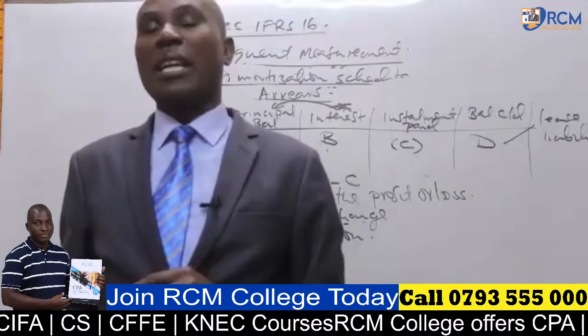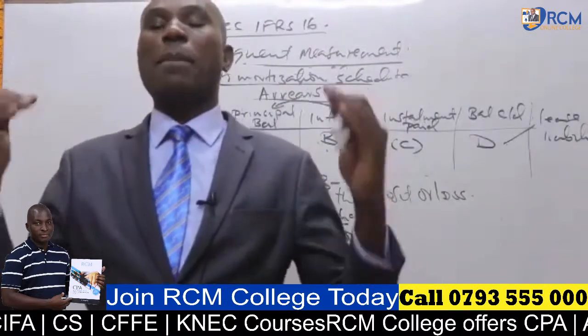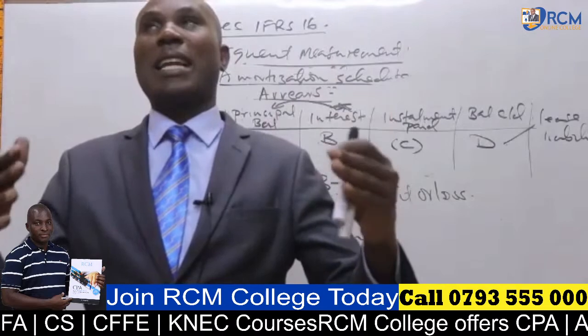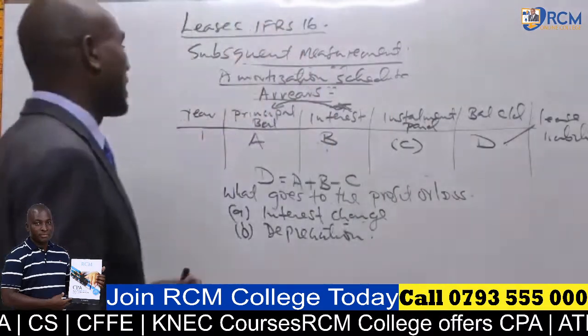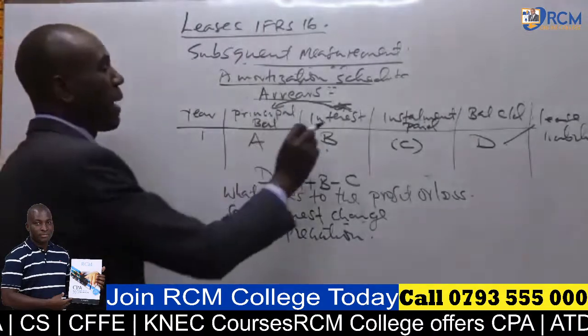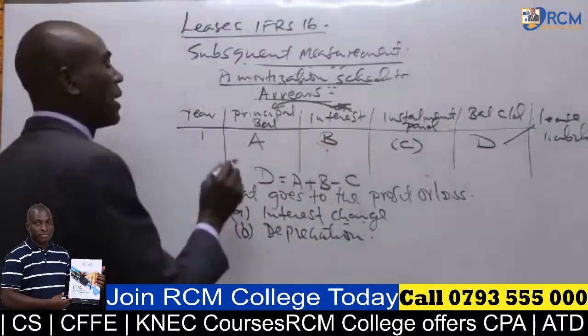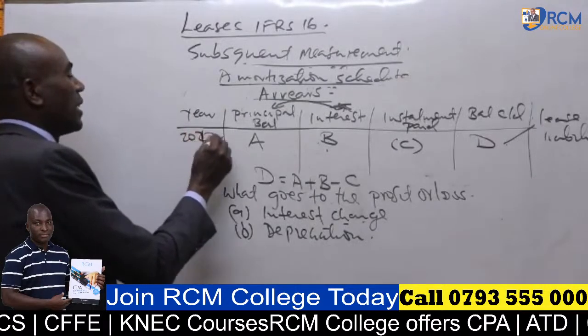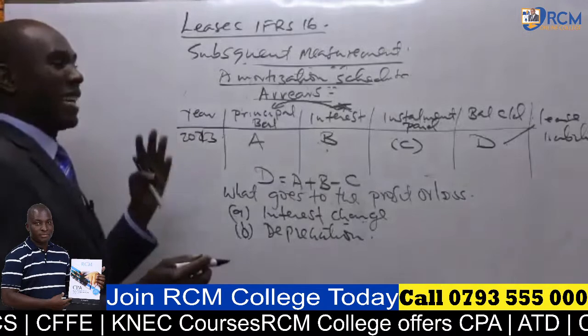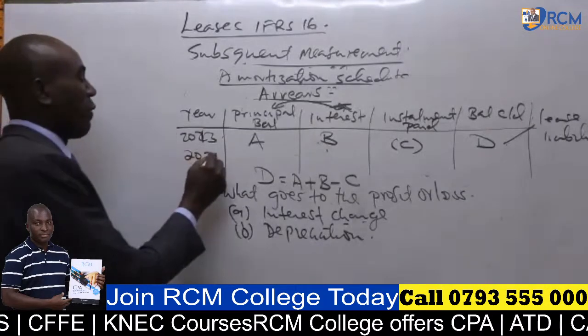That is only one year. But if payments are made in arrears, like in this case, the examiner wants year one, 2023, but I will have to add an extra year, 2024.